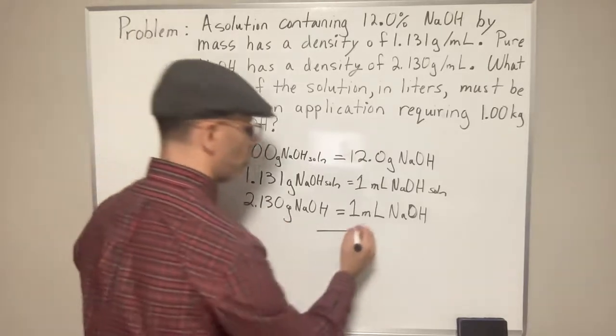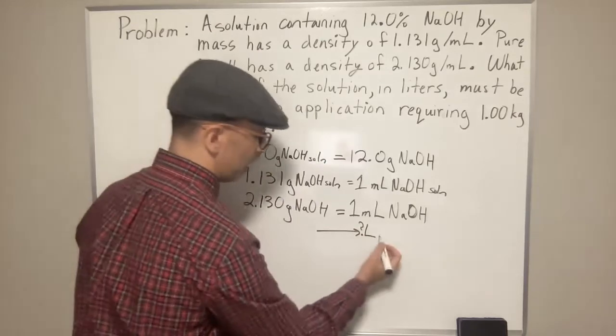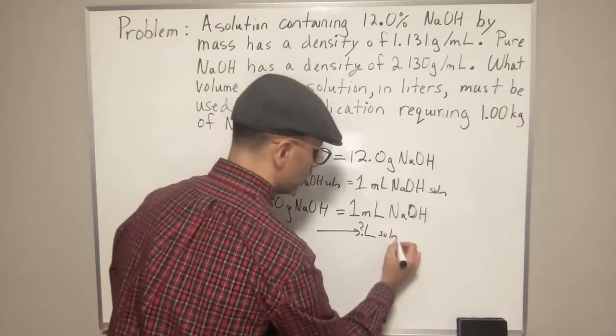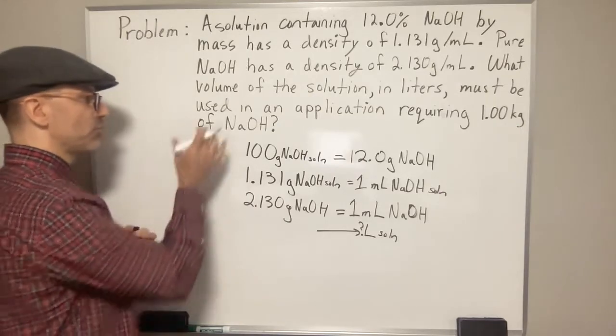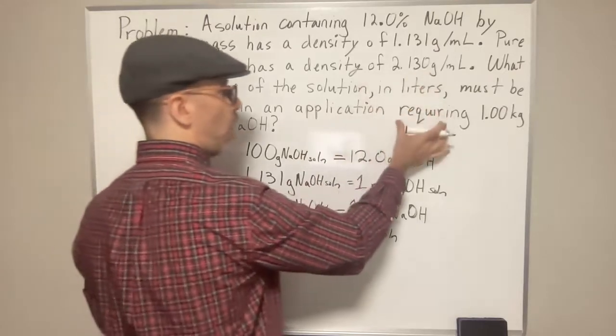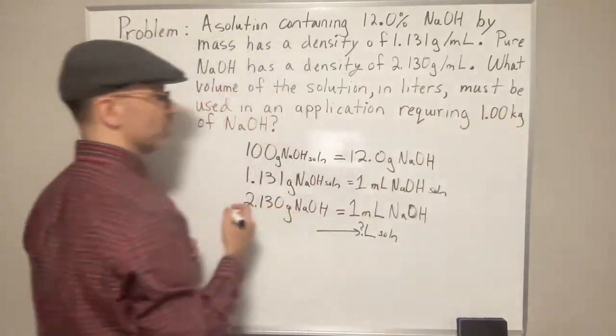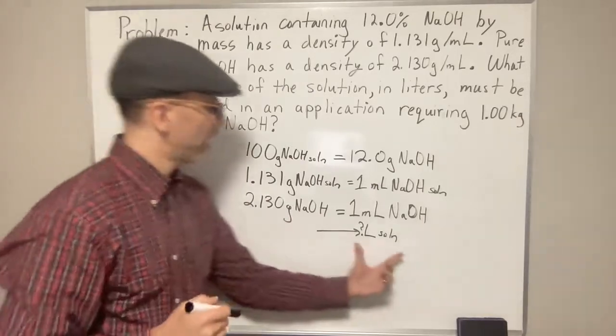So we need to know liters. We need to find liters of solution. So what liters of solution must you use in an application that is requiring 1.00 kilograms of NaOH? So this is our ending.